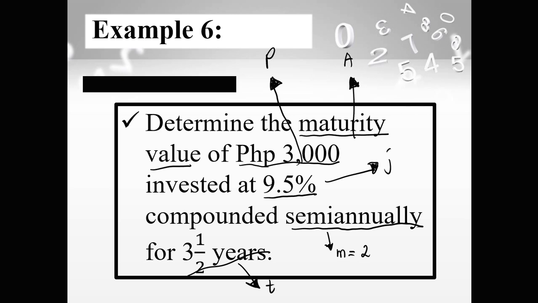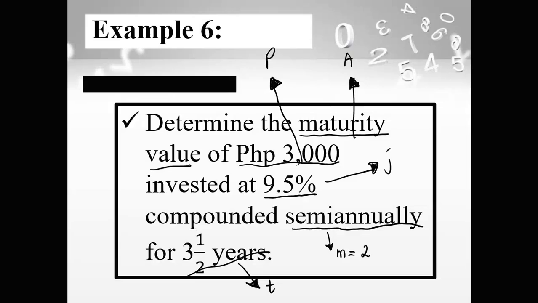So, we have identified the givens in the problem. Let's write them. We have our given. So, what are we looking for? Determine the maturity value. So, it means the future value is missing. And then, our principal amount is 3,000 pesos.